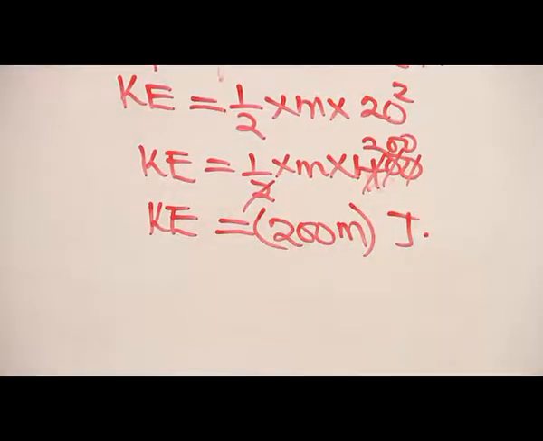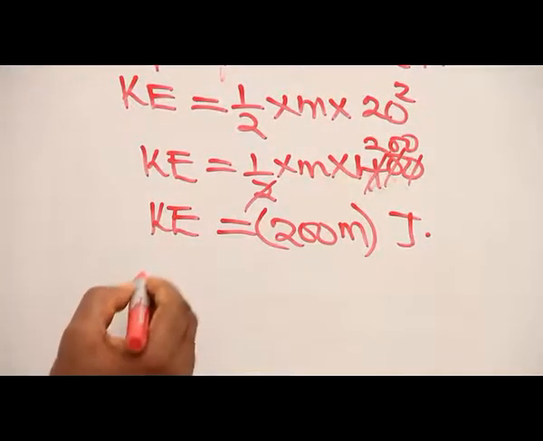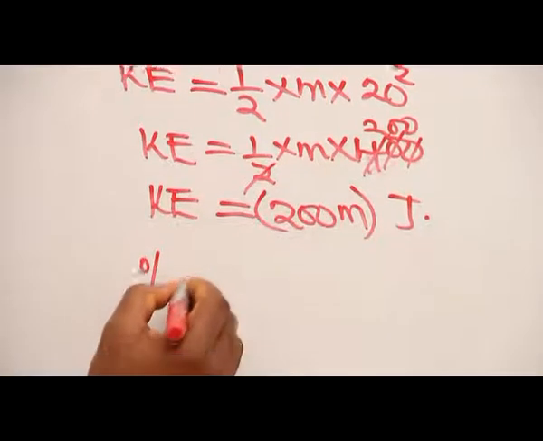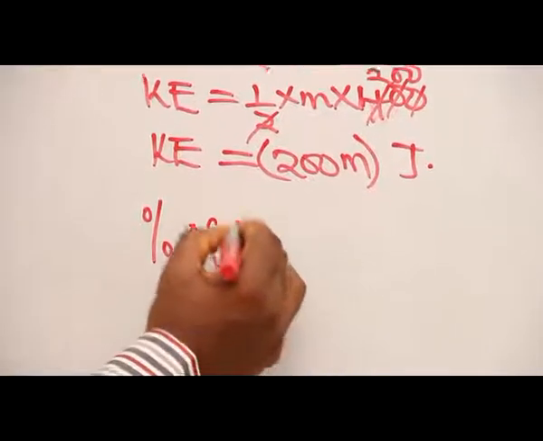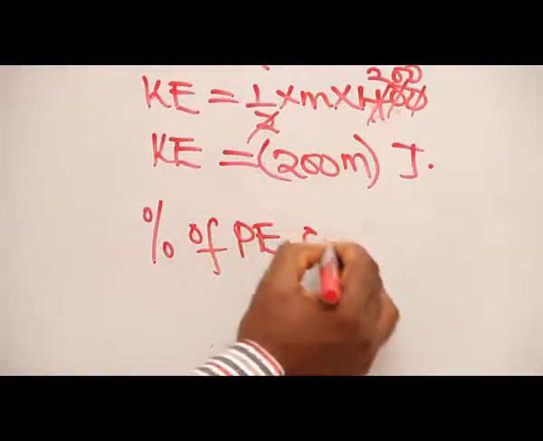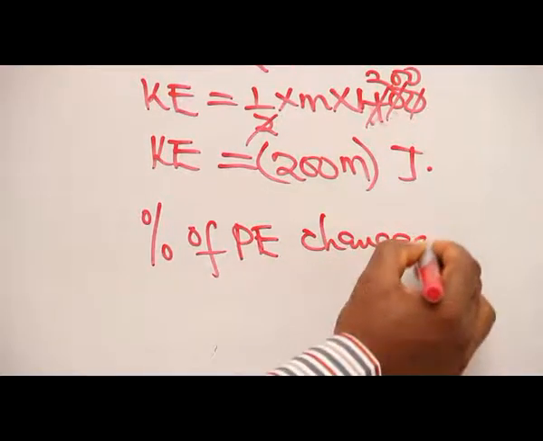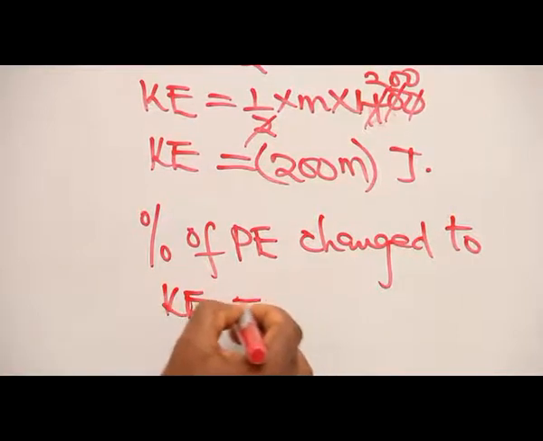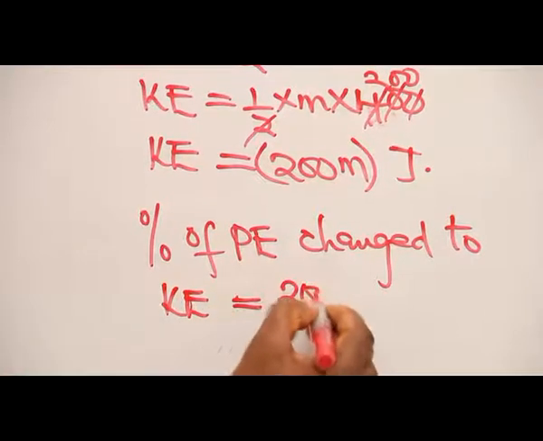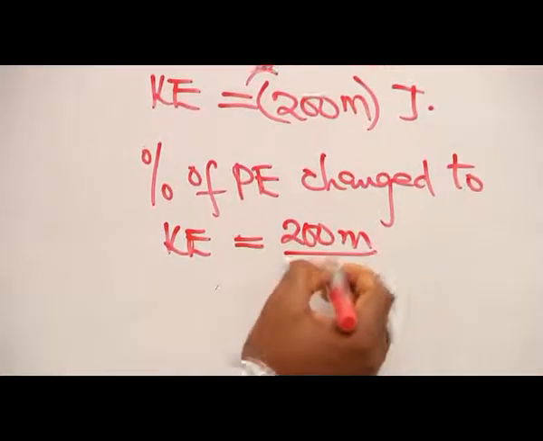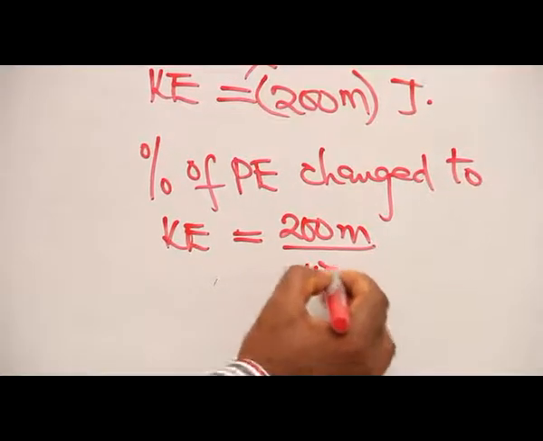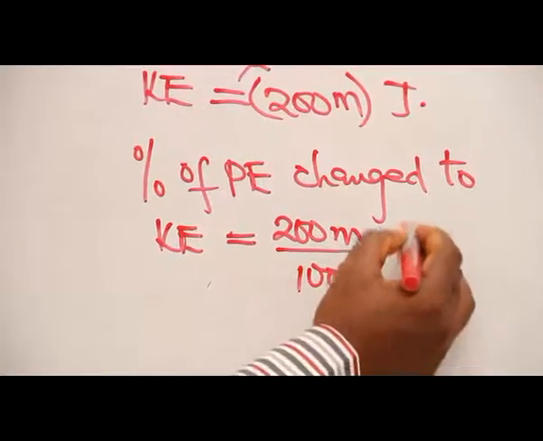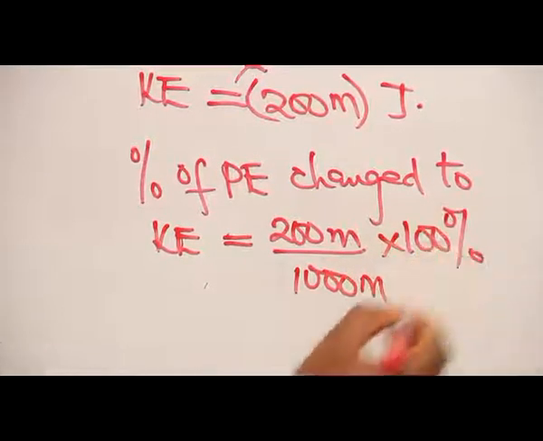Thus, the percentage of the potential energy that has been converted to kinetic energy is equal to 200 m divided by 1000 m times 100%.